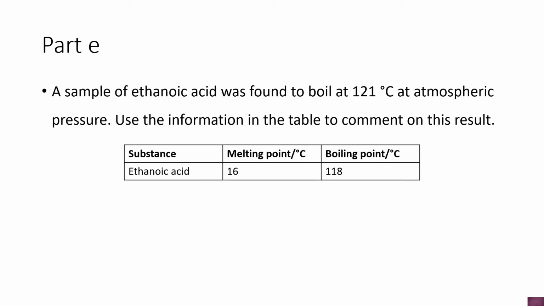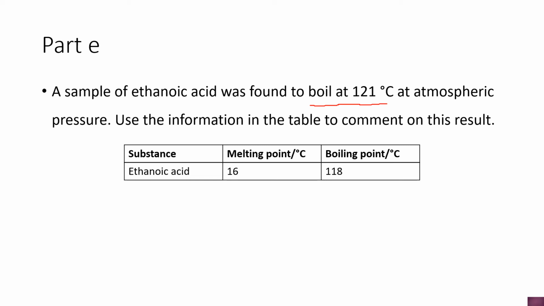Final part. A sample of ethanoic acid was found to boil at 121 degrees Celsius at atmospheric pressure. Use the information in the table to comment on this result. Now I have extracted the part of the table needed for this question, which is the ethanoic acid.